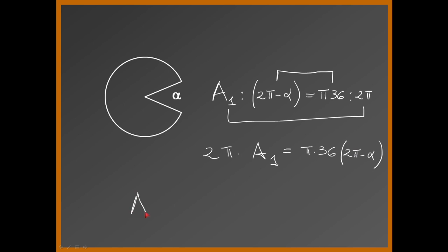Then A1 is equal to 2 pi minus alpha over 2 pi that multiplies 36 pi.